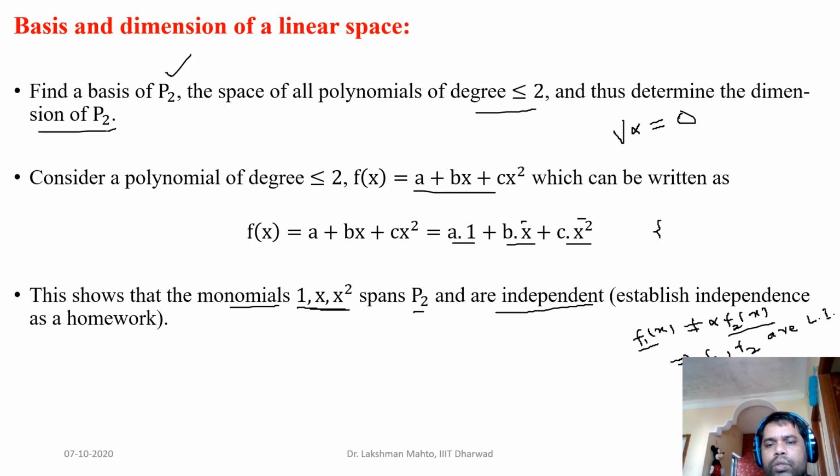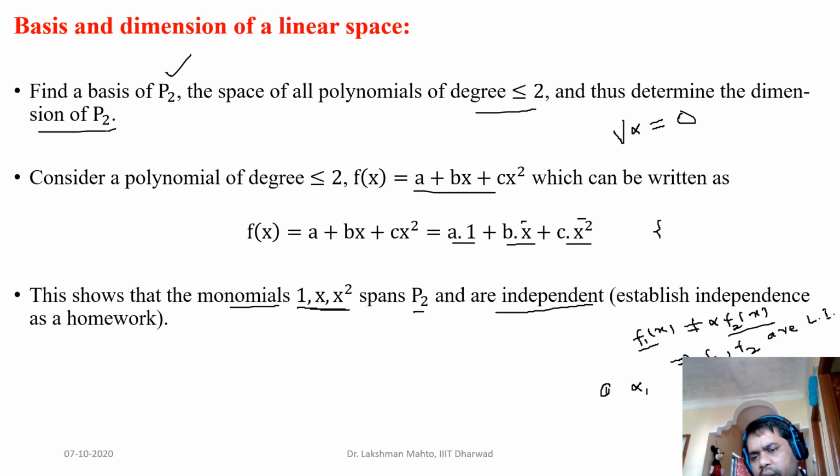So how can you define linear independence? There are many ways. One approach is to take a linear combination, similar to what you had already studied in the case of vectors. So take a linear combination of these monomials.